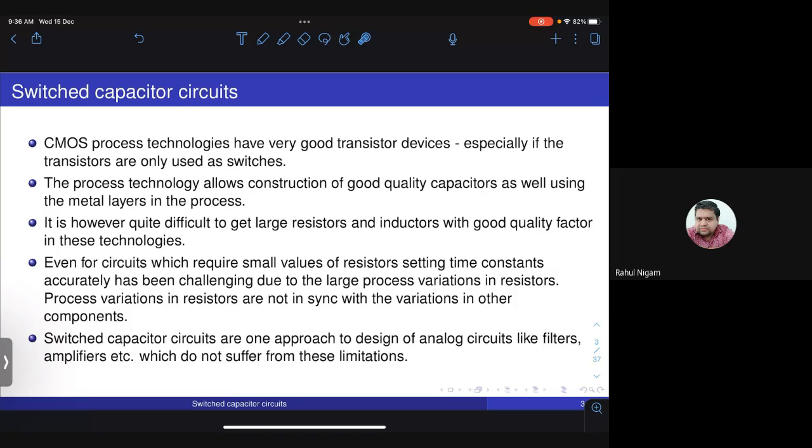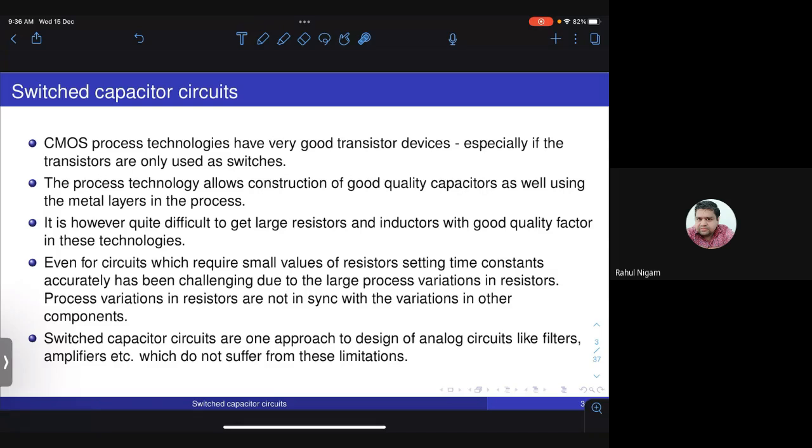So most process technologies are optimized very carefully for transistor performance and not for any other components. And in transistors, the prime thing optimized is the on-off performance, basically the transistor as a switch. This creates problems in designing good analog circuits, which often require capacitors, resistors, sometimes also inductors.